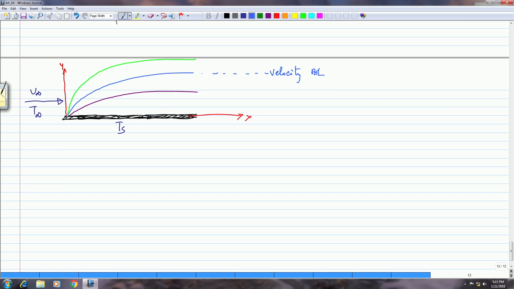And at some location, this is the height of the velocity boundary layer thickness.